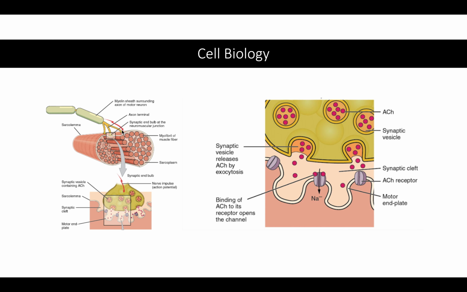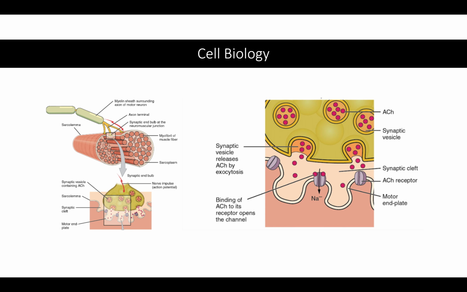This red arrow that looks like a lightning bolt is the nerve impulse that drives the action potential. This itself is the sarcomere, and these are what make up the sarcomere, excuse me, and they basically facilitate muscle contraction.